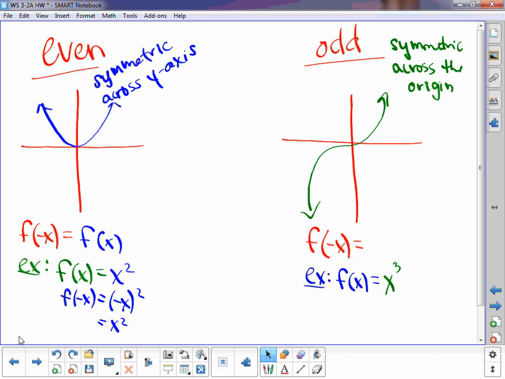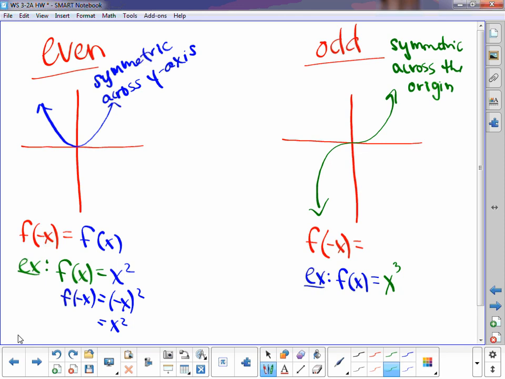Pretend that went through my origin. Oh, looky there, it does. Okay, so again, if I were to take this piece here. Max, are you writing this down? Alright, so if I were to take this, flip it upside down and across, I get that other piece of my function.